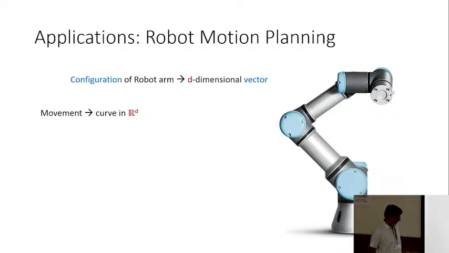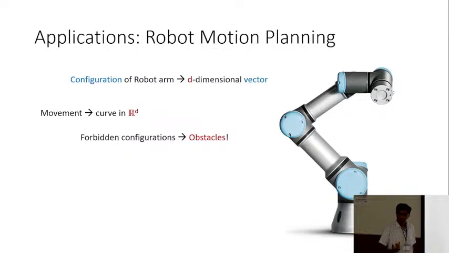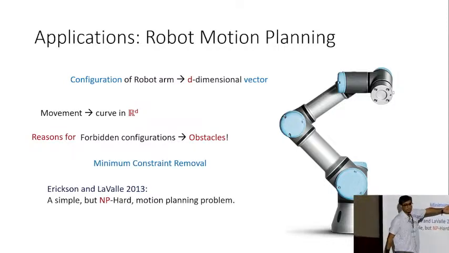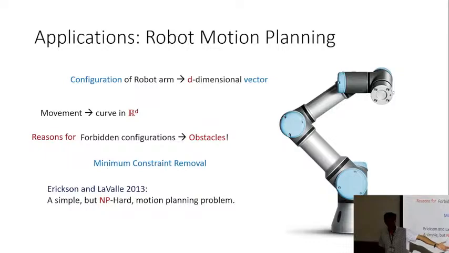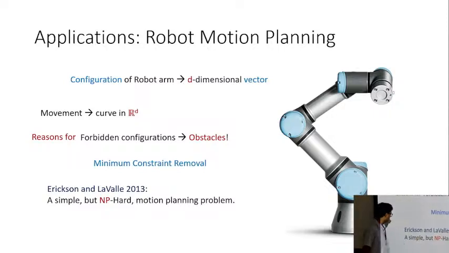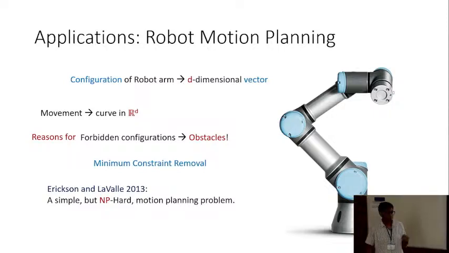And what is forbidden? A configuration where some wall or some container has been placed. These are obstacles that you would like to forbid. This problem has also been studied as minimum constraint removal, by Erickson and LaValle in 2013, a simple but NP-hard motion planning problem.